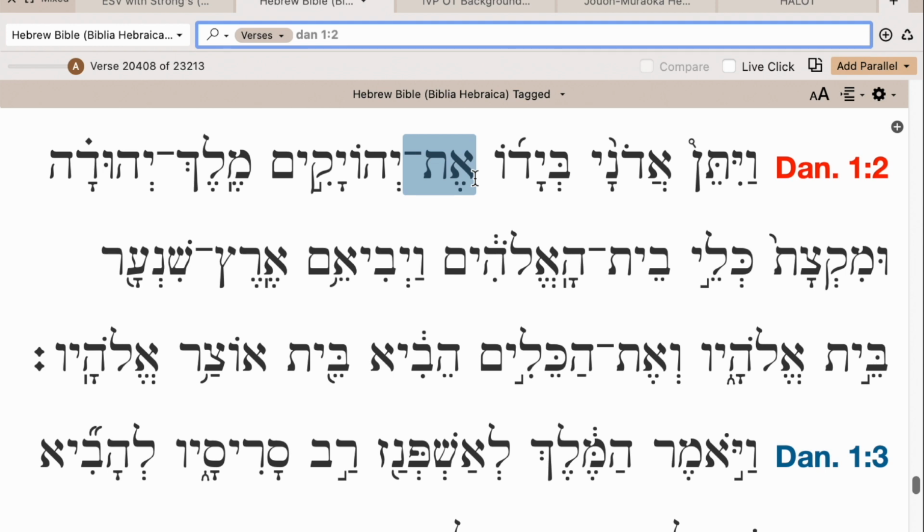So if you are a Spanish speaker, this will make sense to you. If you don't speak Spanish well, don't worry about it. Okay? They're not identical, but they are roughly akin to one another. So, Vayiten Adonai biado et Yehoiakim. So the Lord gave Jehoiakim into his hand.